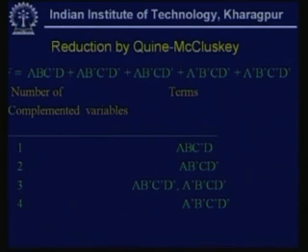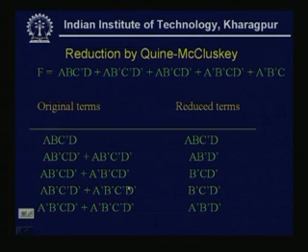So these are the min terms, and this is the table. Now I see the original terms and the reduced terms. The number of complemented variables is only 1, so I keep it as it is because it is not reducing anything.